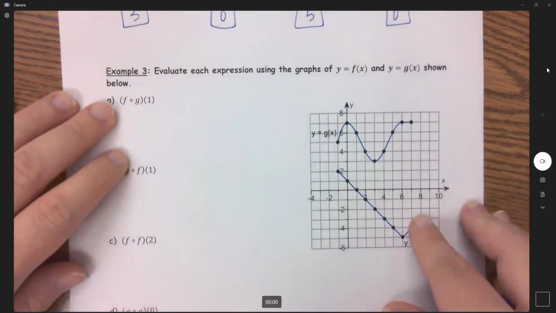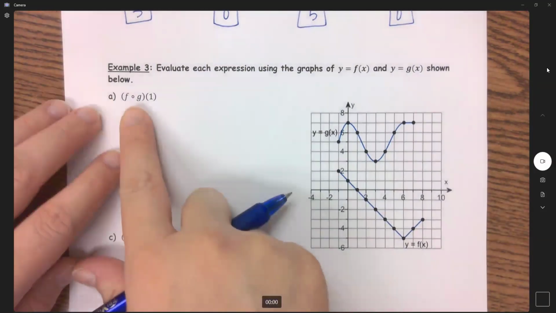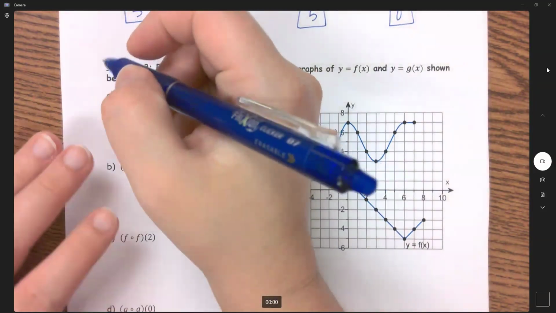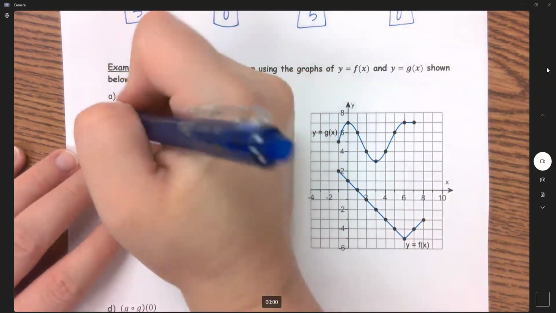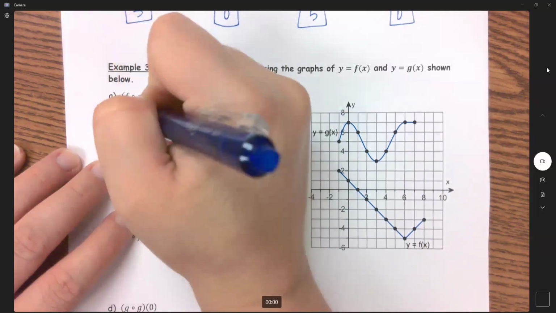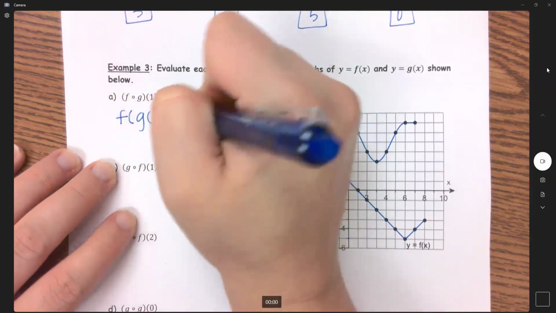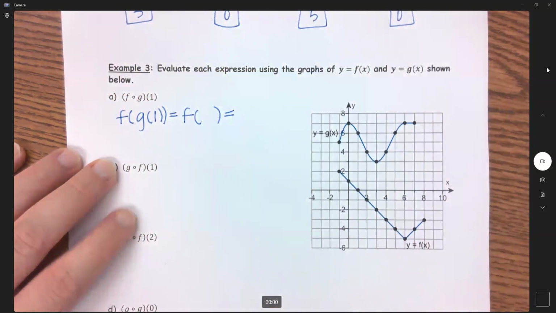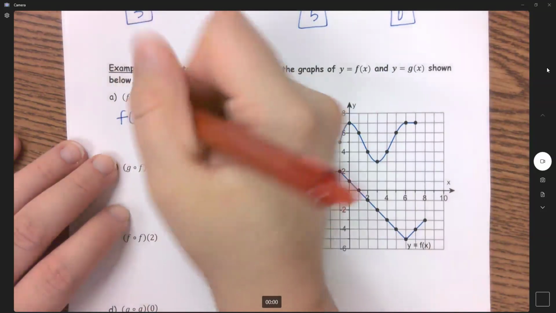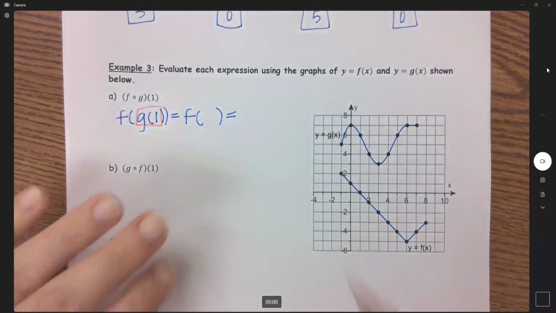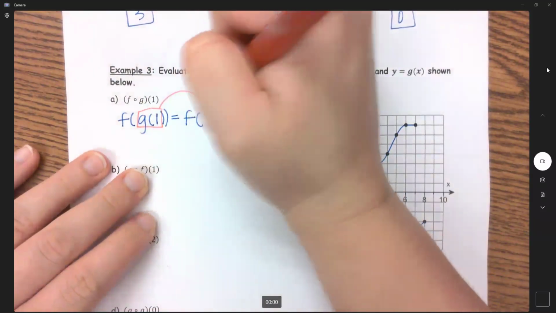Okay, so A says f composed of g of 1. So if I write that out, that is f of g of 1. So let's start with the inside. And let's evaluate what is g of 1.